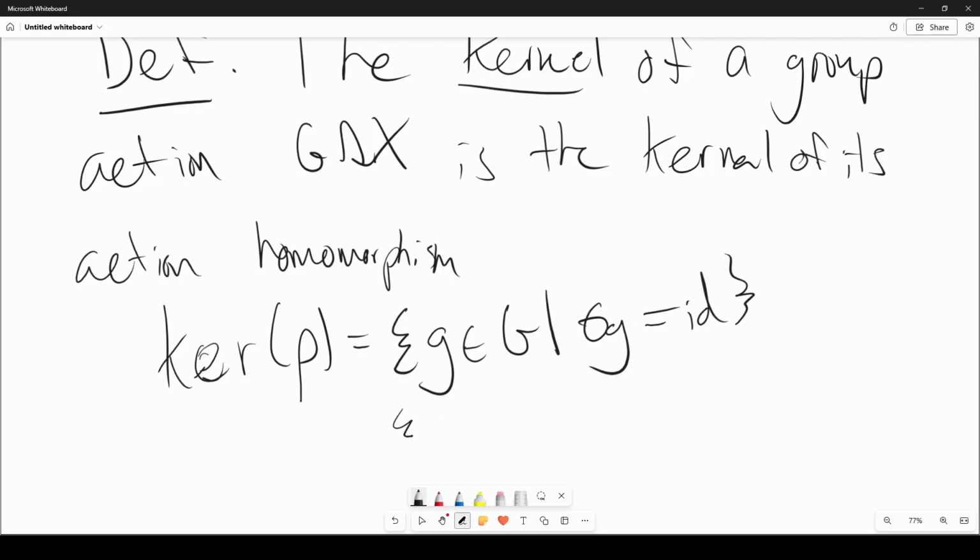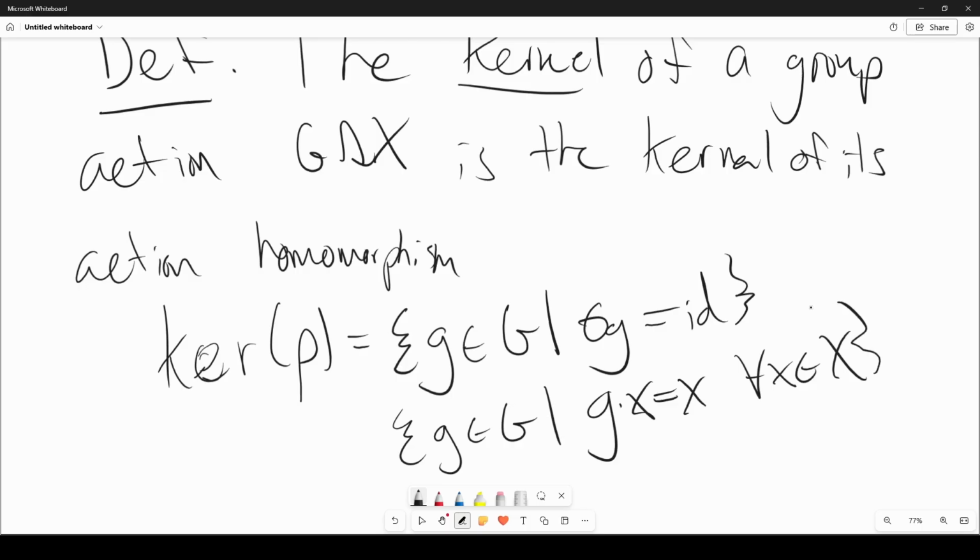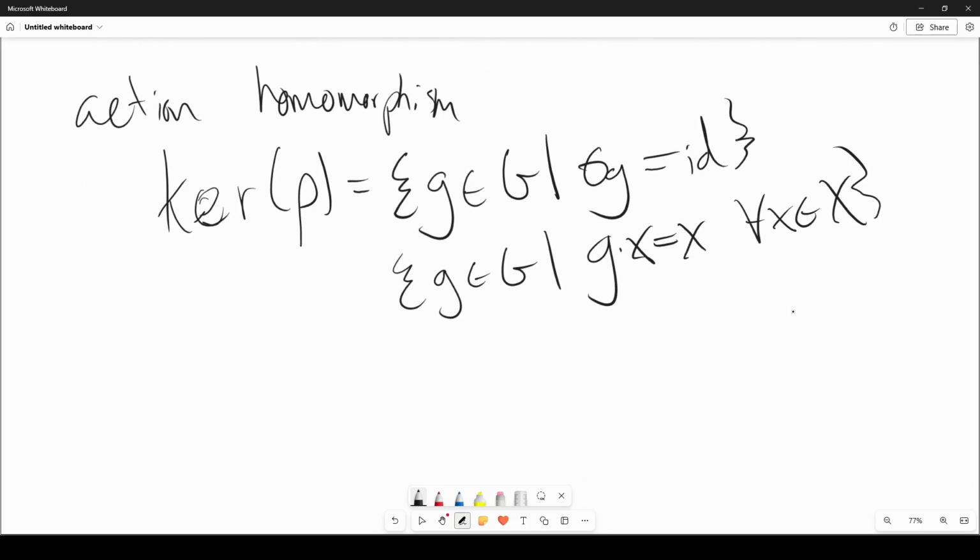Which also means that it's those elements g in G, because the identity is just everything that sends the thing to itself, such that g·x = x for all x in X. A lot of x's. So you can think of it as those elements that basically fix everything in your set.